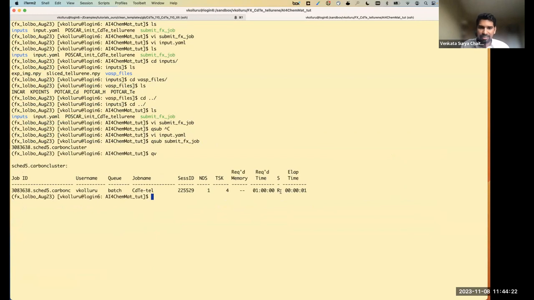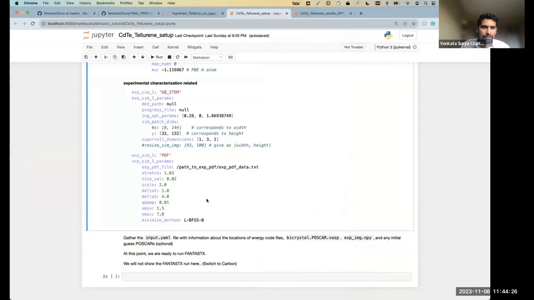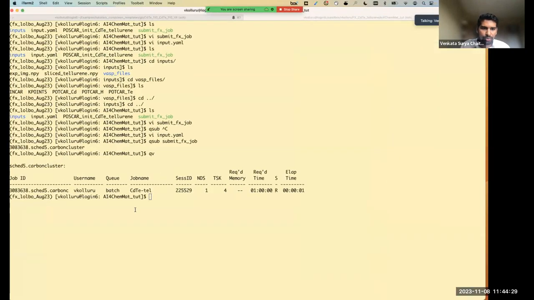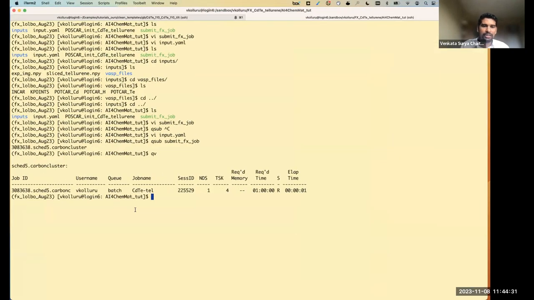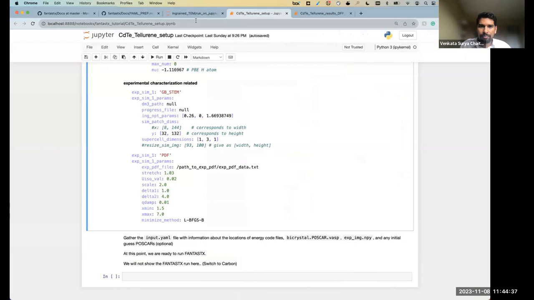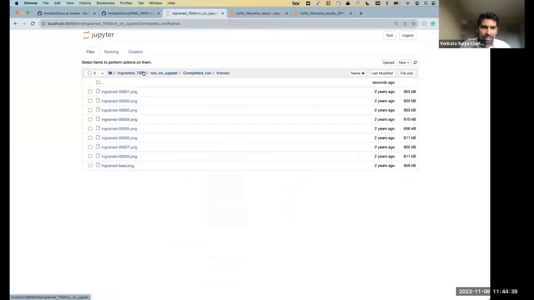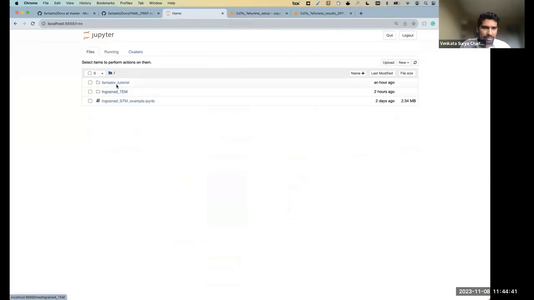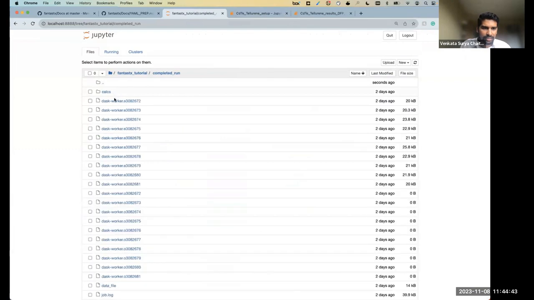Yeah, it started immediately. It will take a few minutes before we can see how it is doing the parallel calculations and what outputs it is generating. Before that, I have a completed run for FANTASTX as well.